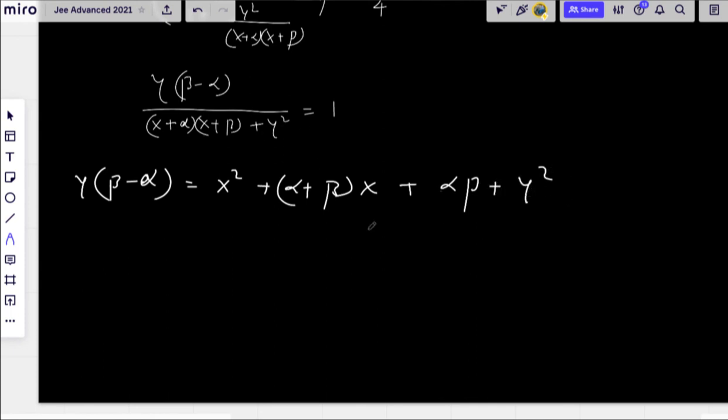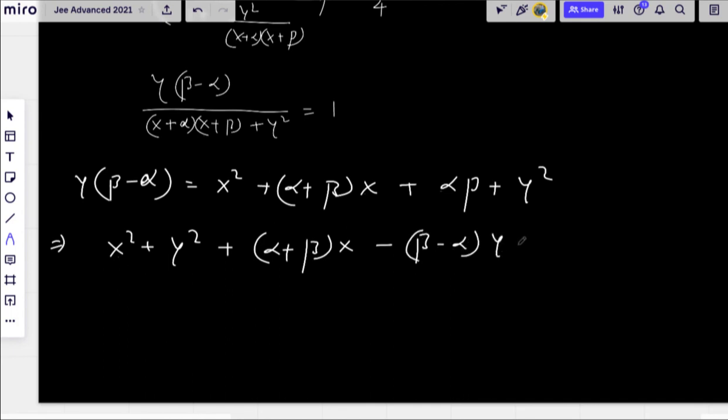So this implies x square plus y square plus alpha plus beta under bracket into x, minus beta minus alpha into y, and thereafter plus alpha beta equal to 0.